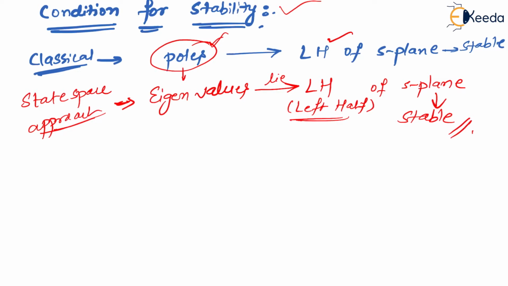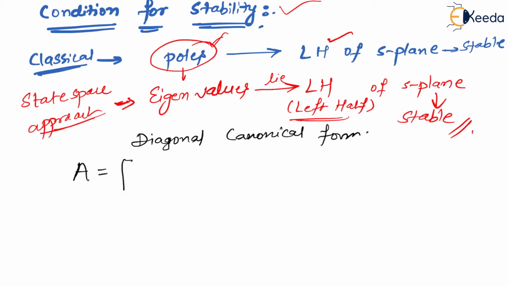Let us say I apply this to the diagonal canonical form and see what happens. Since it is a diagonal canonical form, definitely there will be non-repeated poles, because if poles are repeated, they are shown in the Jordan canonical form, as we have already seen.